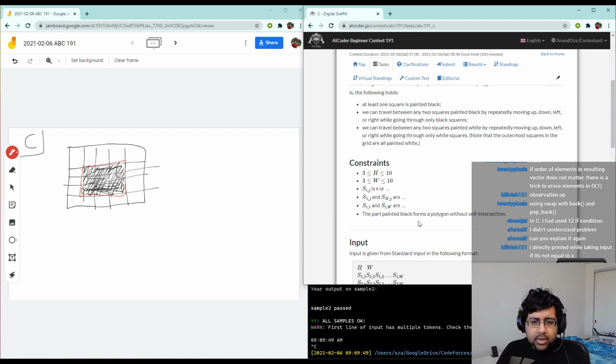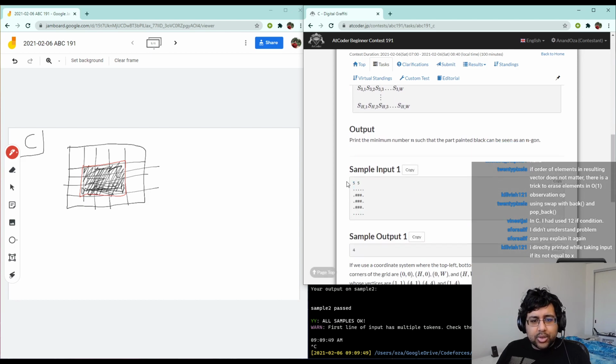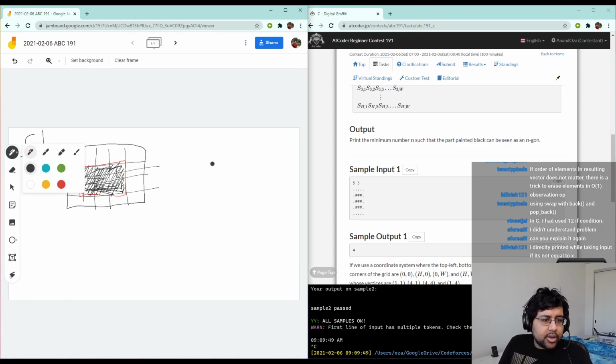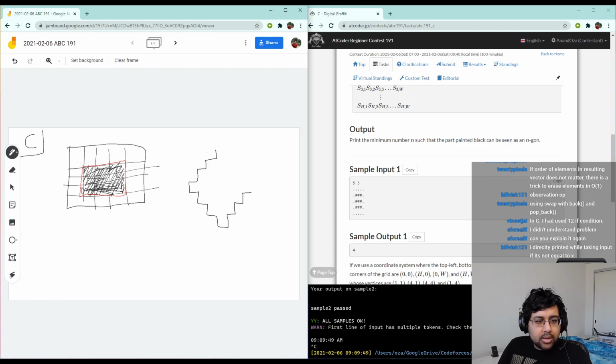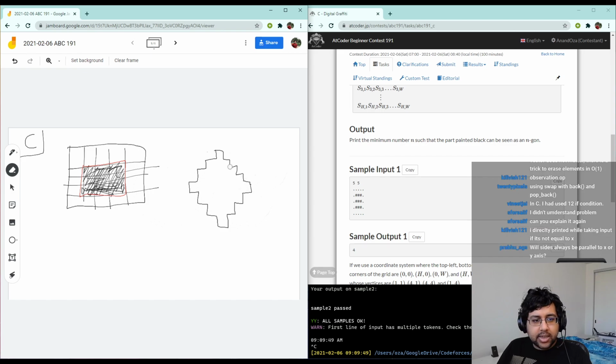I didn't think this was a great sample. I wasn't sure the spirit of the problem was supposed to be that... imagine drawing a diagonal square. Is this 4 sides or 20 sides or something?